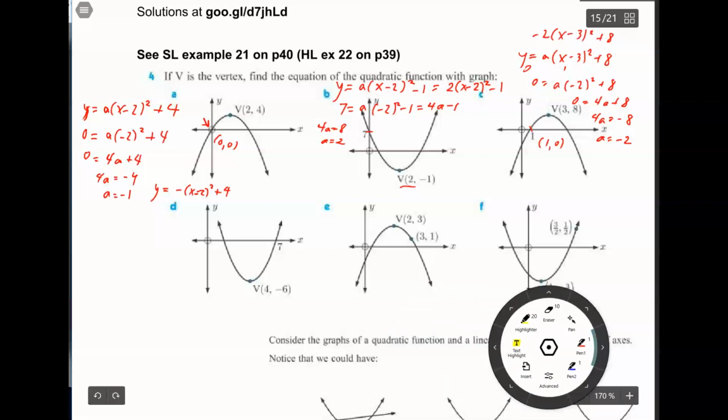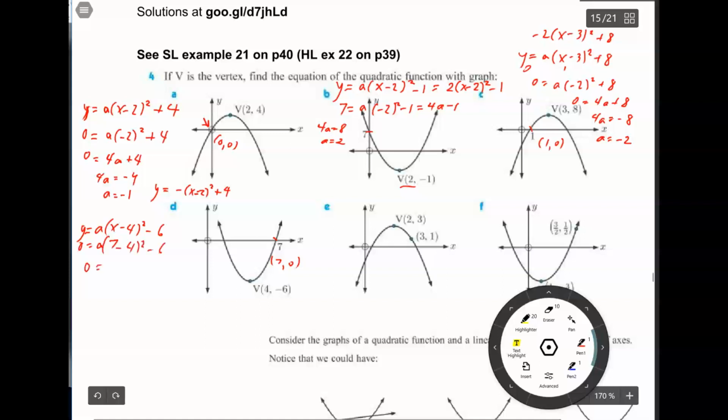What about D? So this is obviously vertex form also, so it would be y equals a times (x minus 4) squared minus 6. The point they gave us here is (7, 0). So we could put 7 in for x and 0 in for y. So we got 0 equals a times (7 minus 4) squared minus 6.